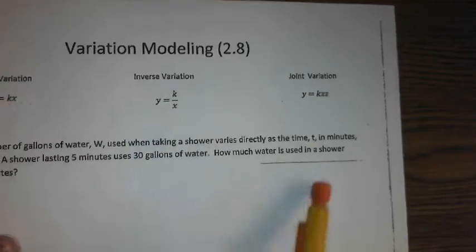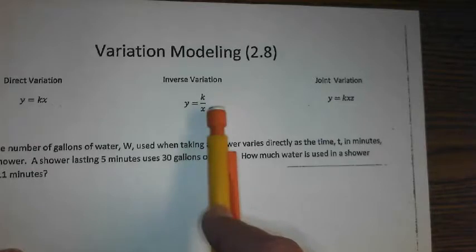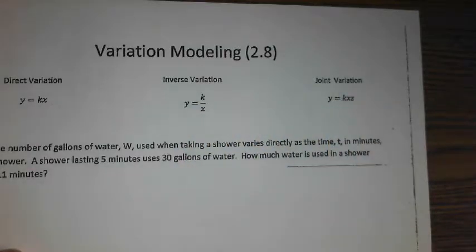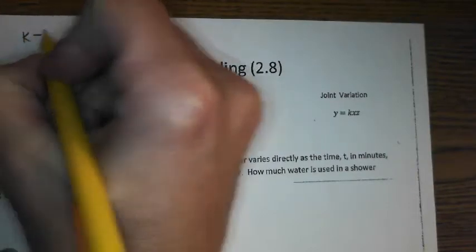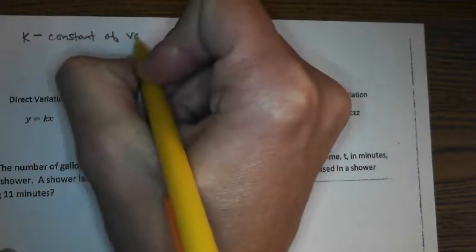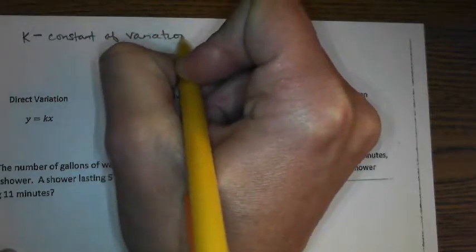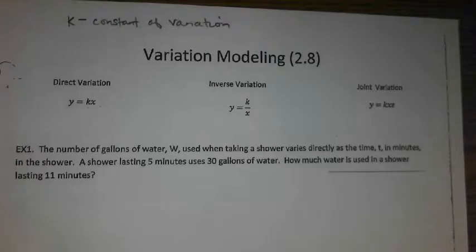In any case, we're going to memorize that formula for direct variation, that formula for inverse, and that formula for joint. And k is always the constant of variation. So if you ever see the constant of variation is 7, that means k is 7.